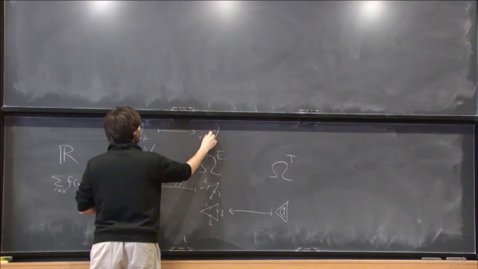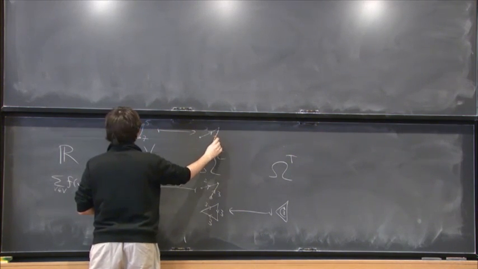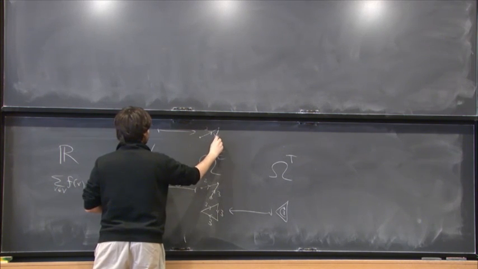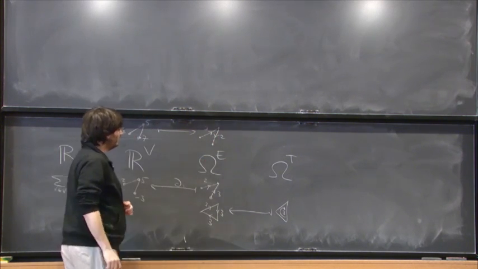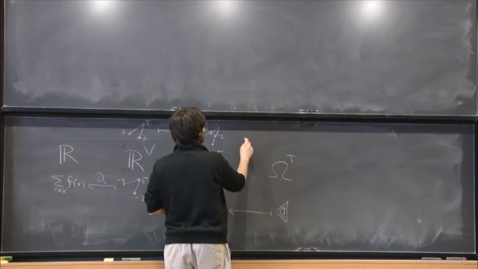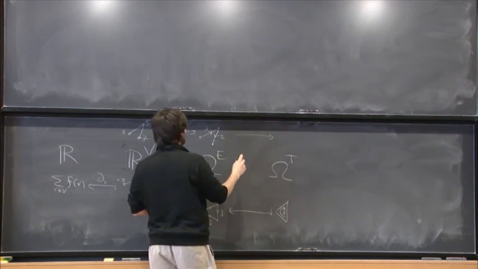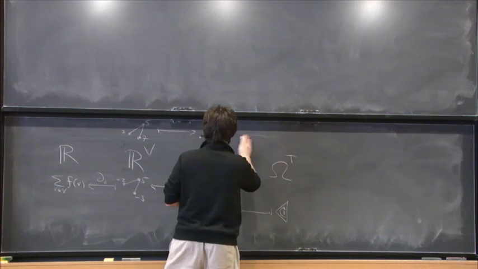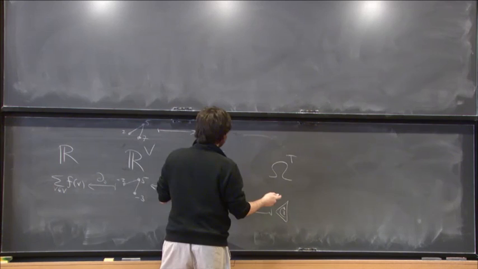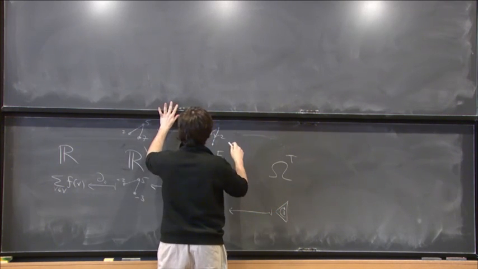So this is 3 and 2, and taking a triangle to the sum.